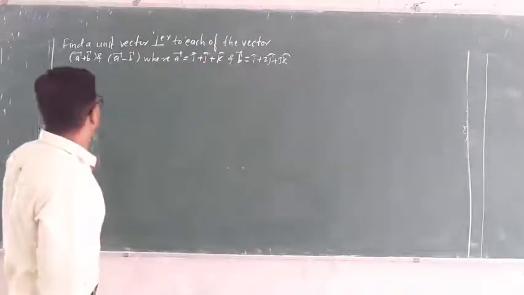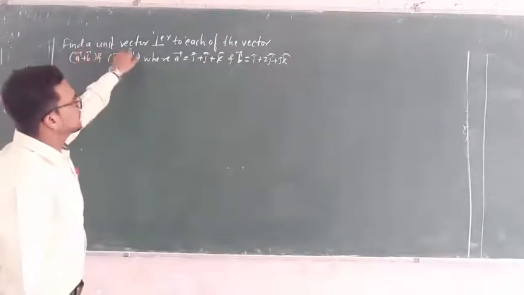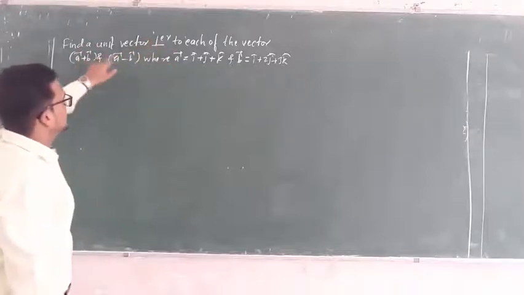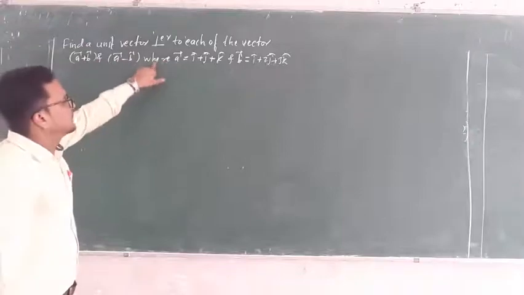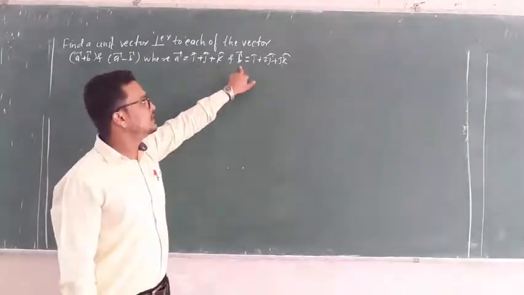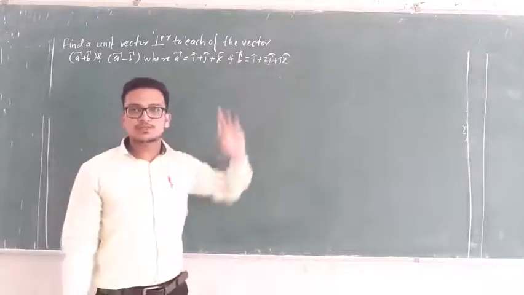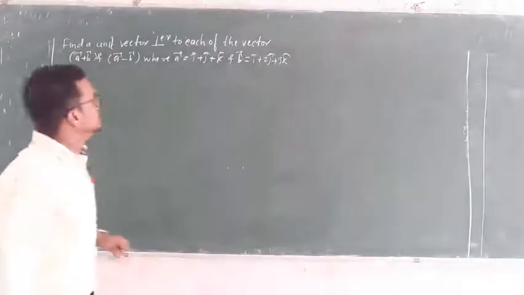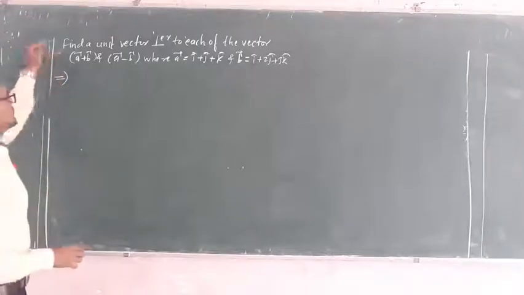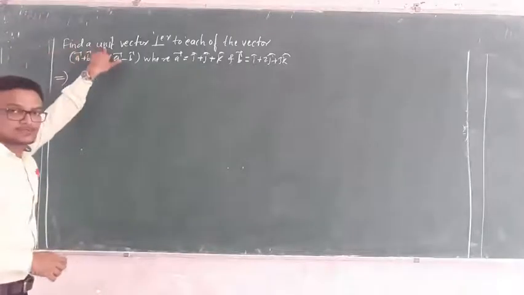So the question is: find a unit vector perpendicular to each of the vectors a plus b and a minus b, where vector a is equal to i plus j plus k and vector b is equal to i plus 2j plus 3k.